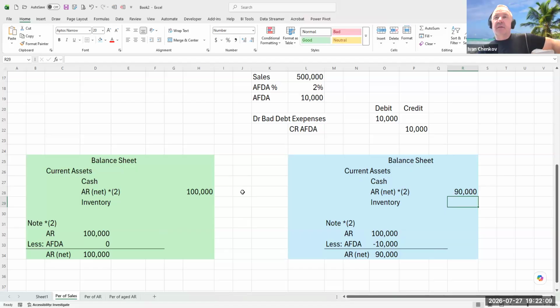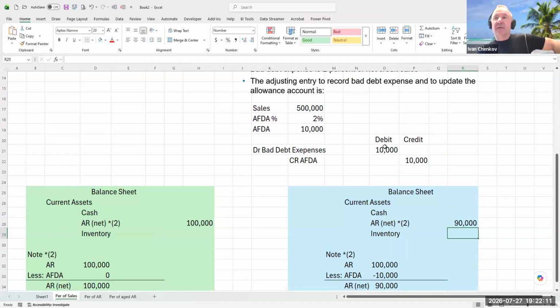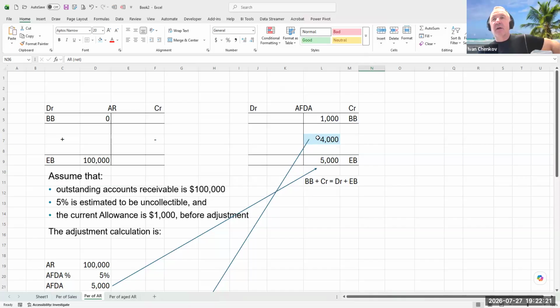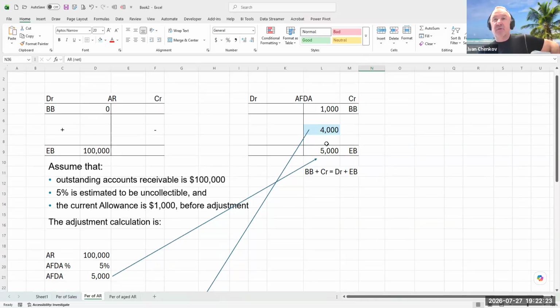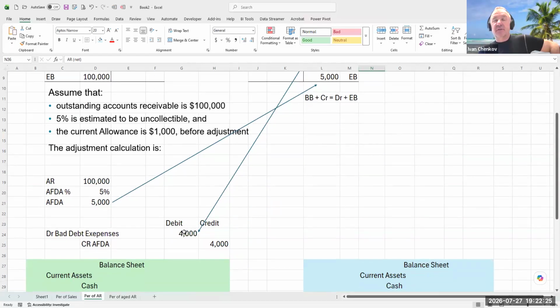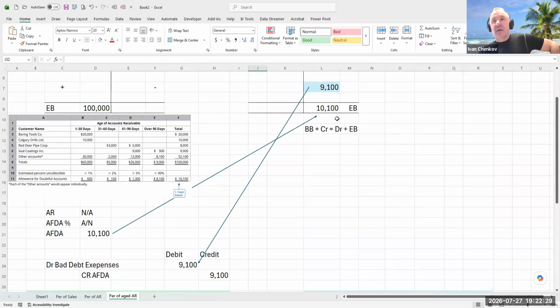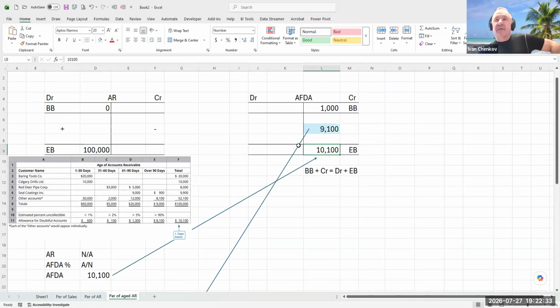Now, the first method gives you the amount of the bad debt expense directly. The second method calculates the ending balance of allowance for doubtful accounts, so that requires an adjustment, and you have to calculate the amount of the adjustment. And the third method again gives you the ending balance of the allowance for doubtful accounts at the end of the period.